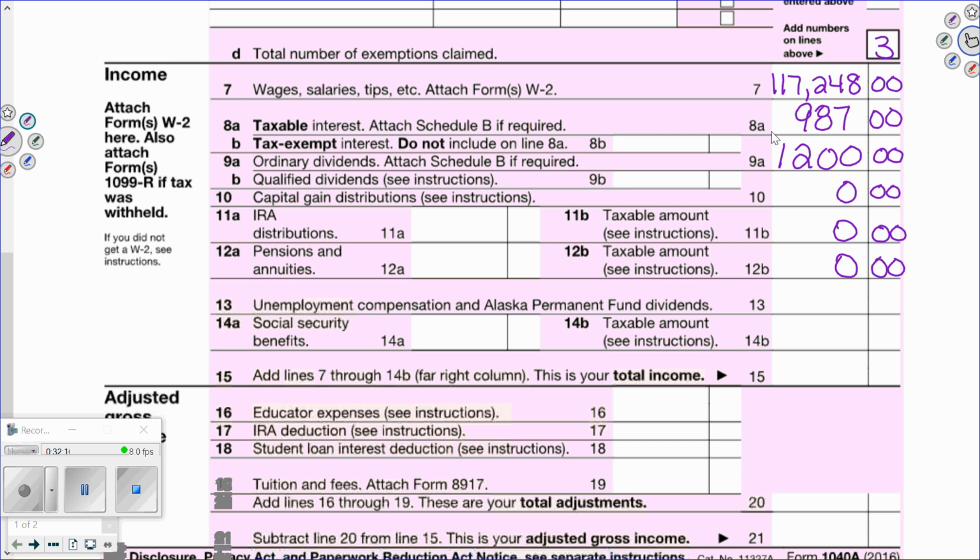We need to look that up because I don't know what that is. 14, Social Security benefits. Nope. Add lines 7 through 14b. Not too bad. We do have to do a little bit of adding because it says add 7 through 14b. So add all of this up.